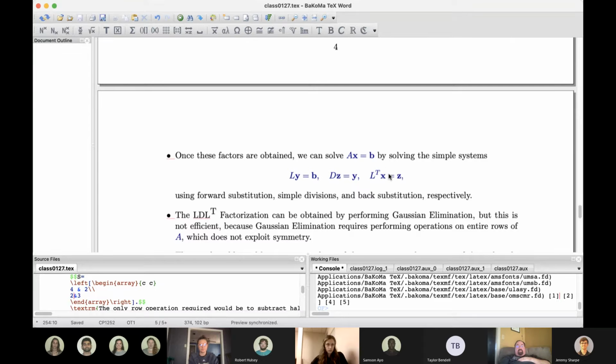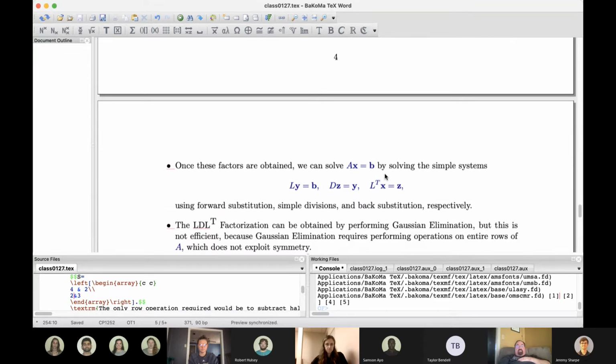Now, once you have the LDLT factorization, how do you solve AX equals B? It's kind of like with Gaussian elimination and the LU decomposition. In Gaussian elimination, you solve Ly equals B, and then you solve UX equals Y. So here you start the same way, Ly equals B, and then instead of UX equals Y, you solve a diagonal system, which is very quick, and then you also solve an upper triangular system using back substitution.